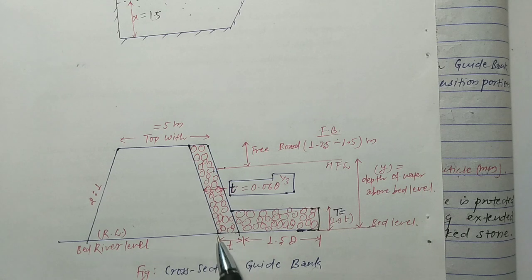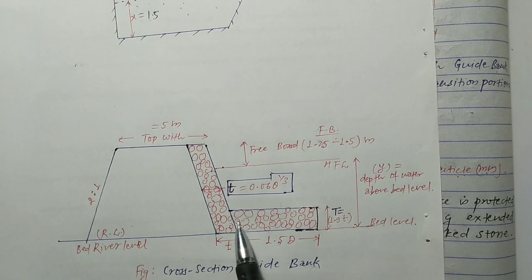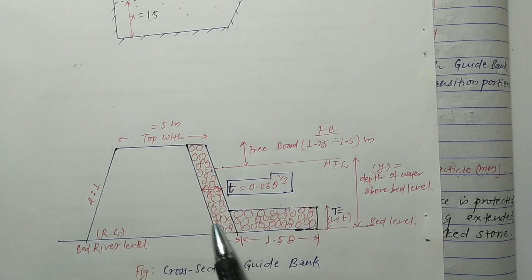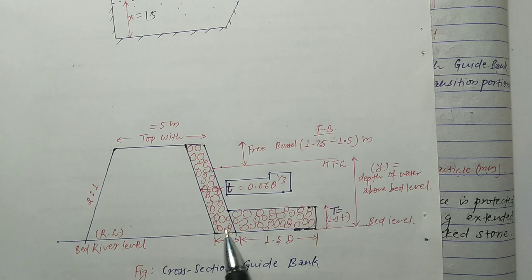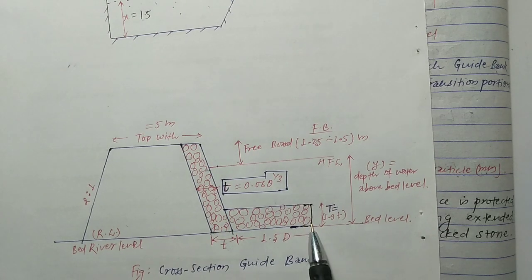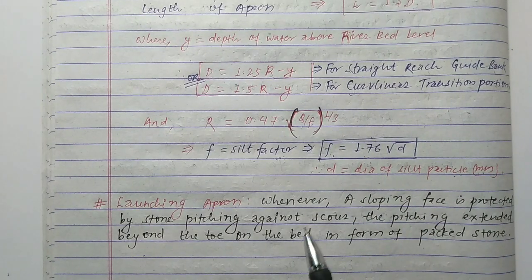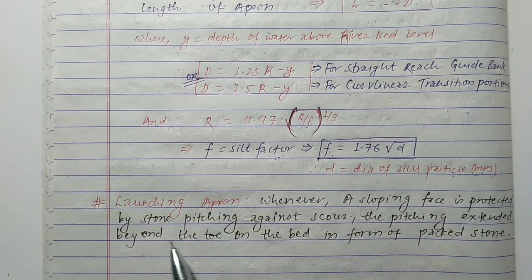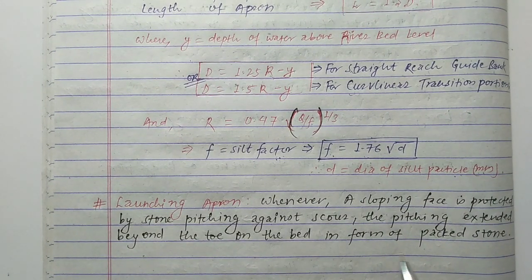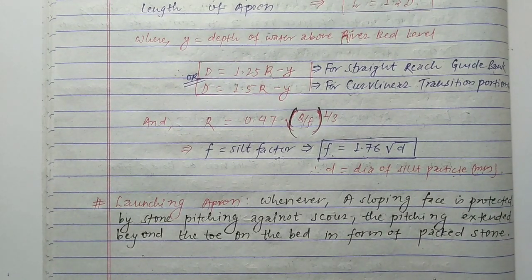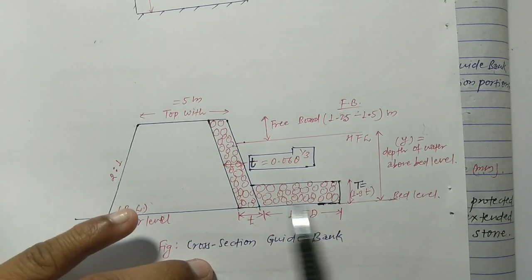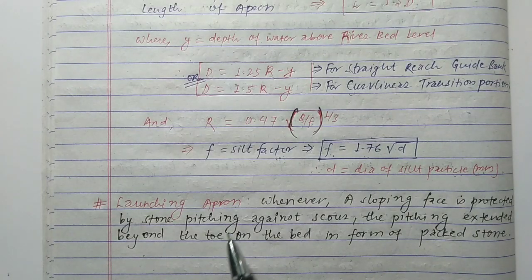This is the toe, and it is extended some distance away from the toe. So this stone pitching is provided on the slope and also some distance from the toe, till this point. So the pitching extended beyond the toe on the bed in the form of packed stone is called the launching apron.